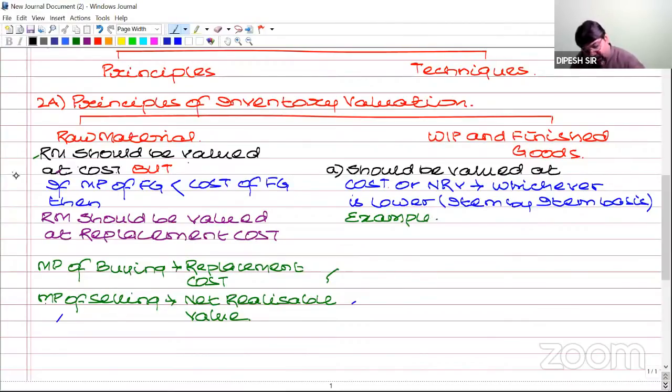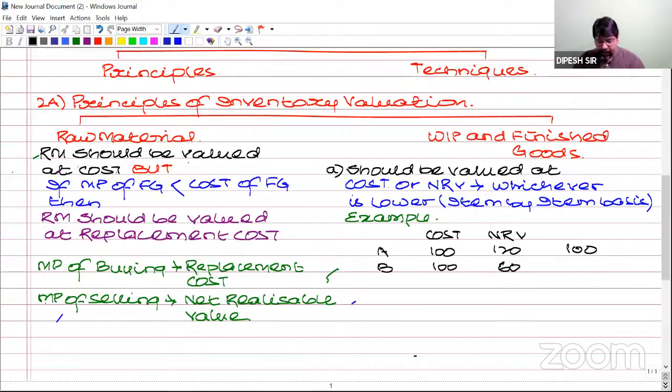Example. Cost, NRV. A: 100, 120. 100 will be taken. B: 100, 60. Correct? 160 will take 60.